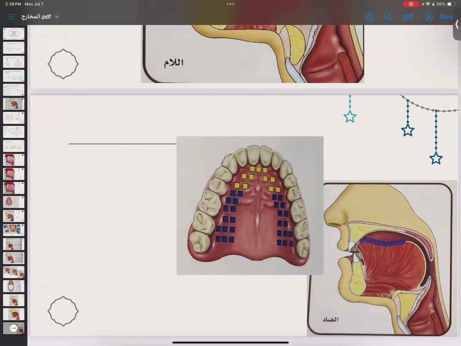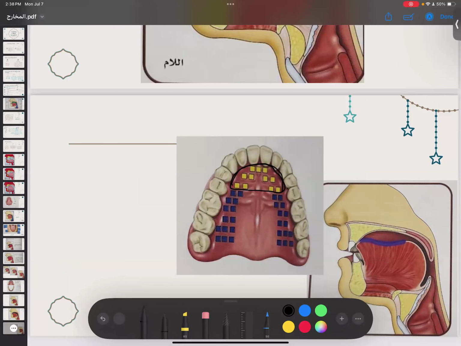And then here's another picture of the dad. So here it shows which teeth it's touching. So when you pronounce dad, it touches these teeth right here. It's almost, there's like 6 teeth or something, or 8 teeth that it touches.